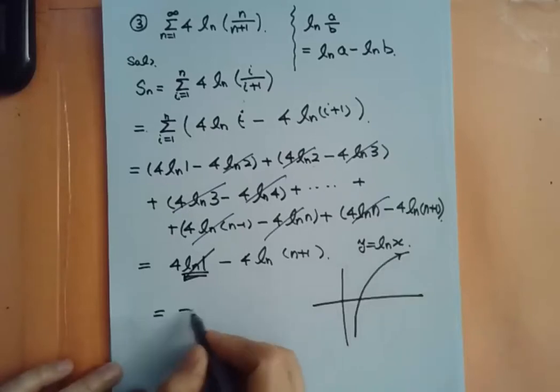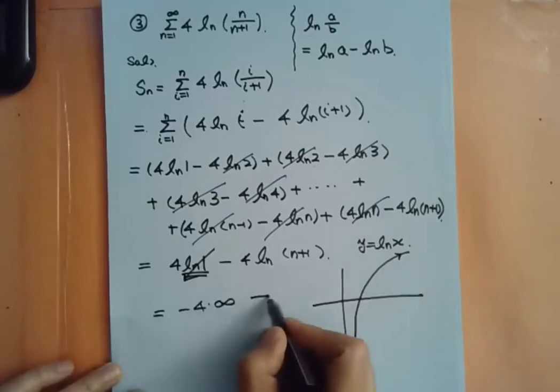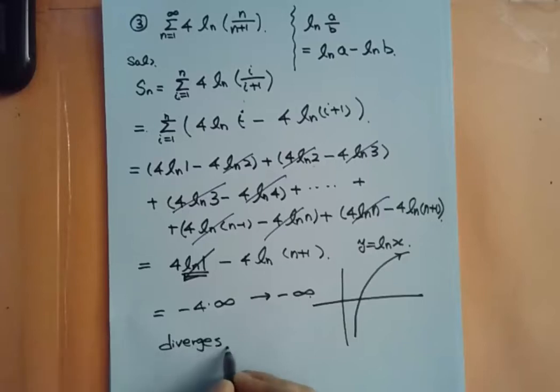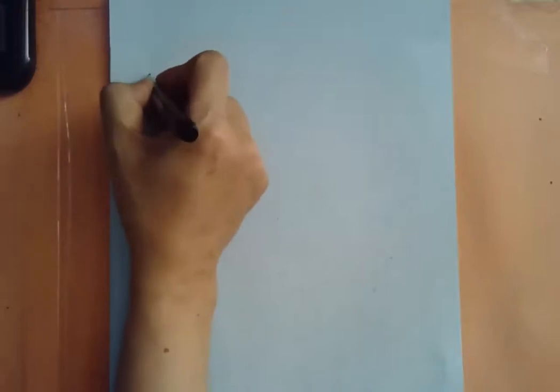So that is minus 4 times infinity, so it goes to minus infinity. So that diverges. Any question?